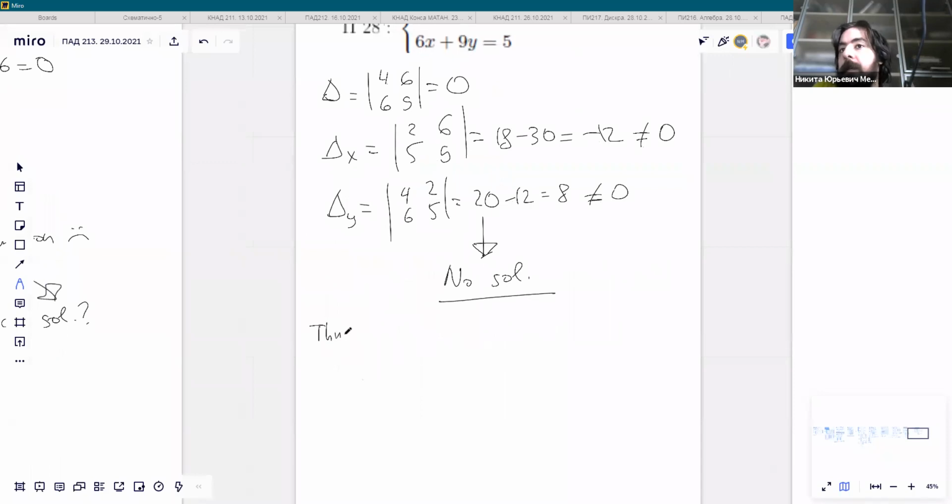To be more precise, the theorem goes as follows. If delta equals 0 and delta i doesn't equal 0 for at least one such i, then the system has no solution.